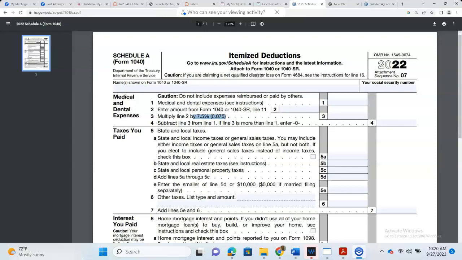Then in D, you add them up and enter the smaller of 10,000 or the other one. So the maximum is 10,000 bottom line. And the reason it happened is after 2018, they put this cap. So states like California that pay a lot of state income tax, those taxpayers get hurt because of that one line that you see here.